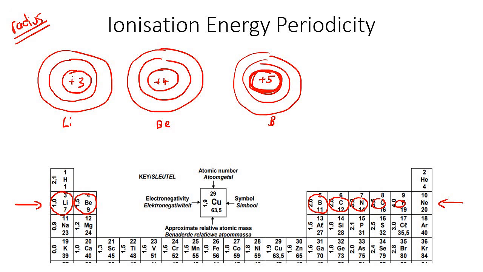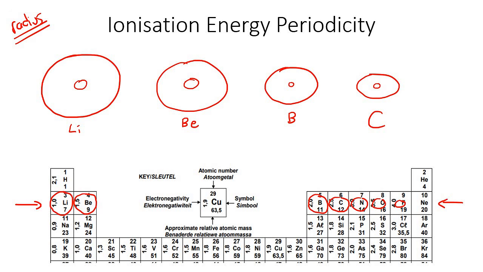So how does that affect ionization energy? Well, that's what we're going to look at right now. So here I've got the first 4 atoms in period number 2 from the periodic table, and I've shown that the radius, as we've learned before, is becoming smaller. Okay, so remember, in the middle we have a nucleus which has protons.